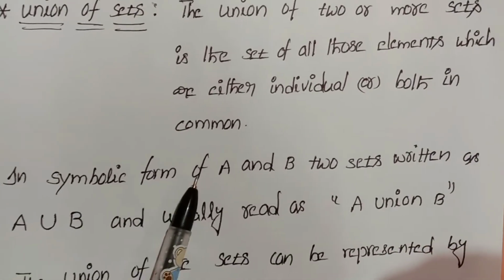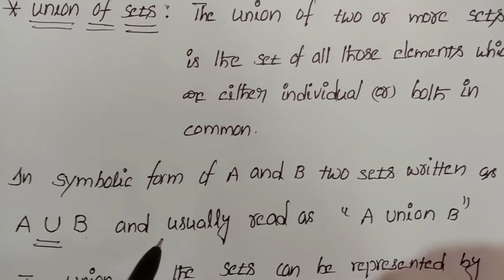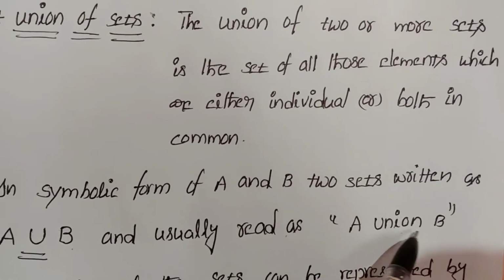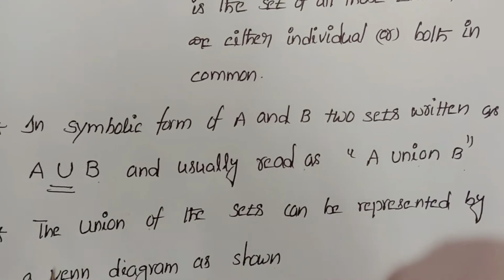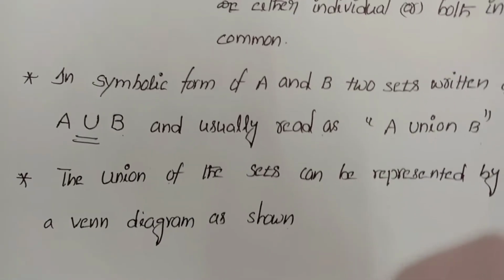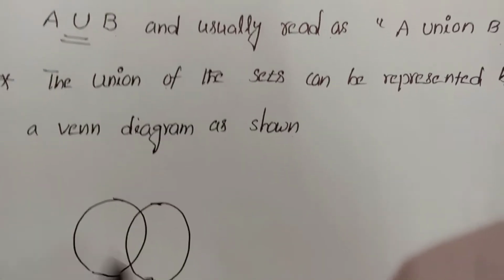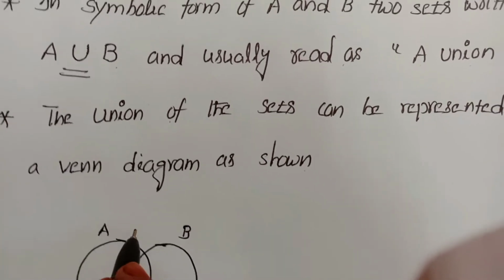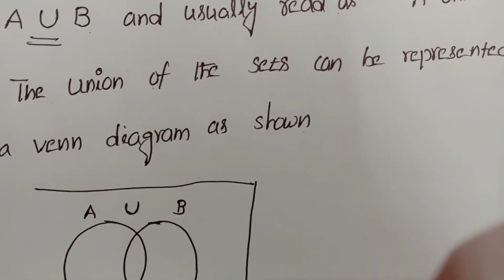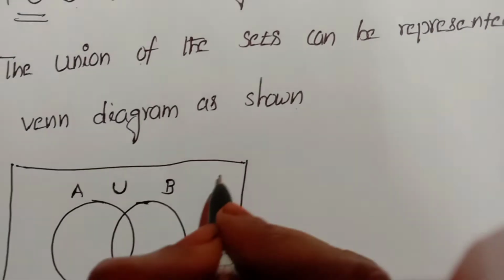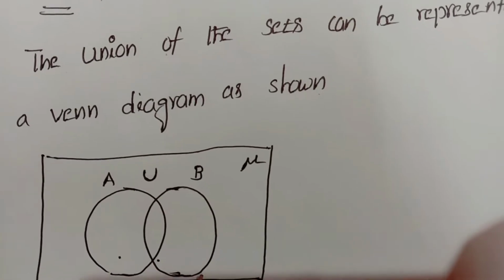In symbolic form, for two sets A and B, it is written as A union B and usually read as A union B. The union of the sets can be represented by a Venn diagram as shown. This is the Venn diagram of A union B.